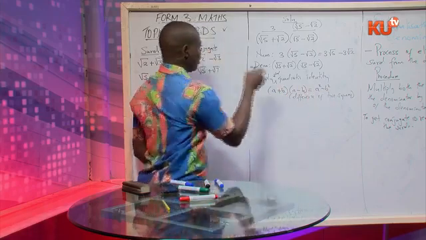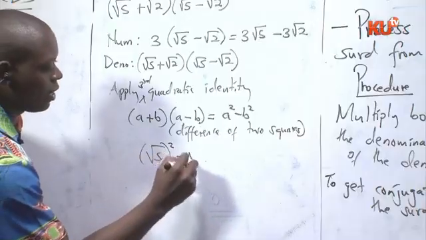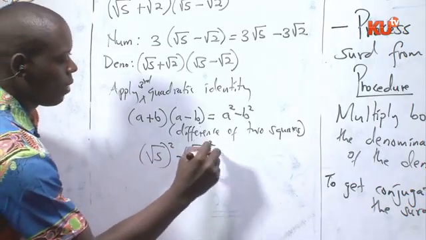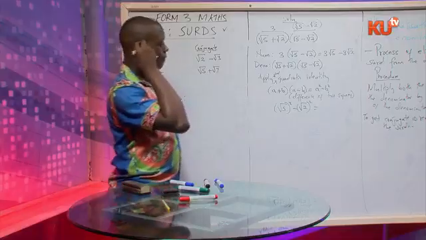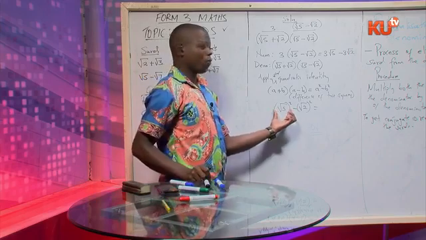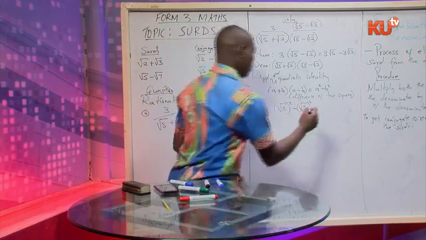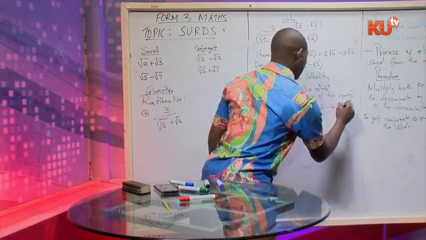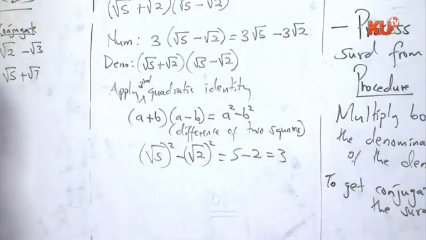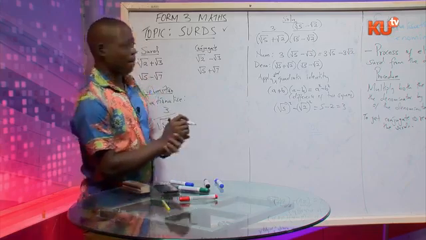So if I apply this identity, it's mainly going to be root 5 squared less root 2 squared. And by now, as Form 3, you understand when you have root 5 squared, that is root 25, which is 5. So you simply take 5 less 2, and the answer is 3. So it means the denominator gives us 3.